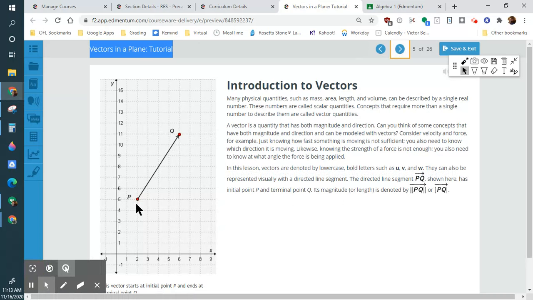So if we're starting at point P and going to point Q, this is our vector. Our vector is P to Q, and it's represented like this: P to Q with this little ray looking symbol. This symbol with the double absolute value, it's not that we take the absolute value twice, that'd be redundant.